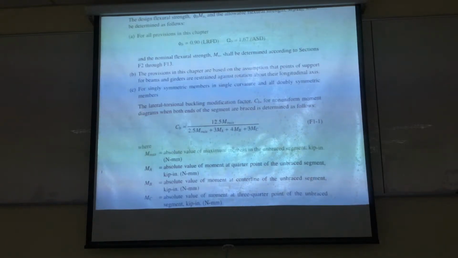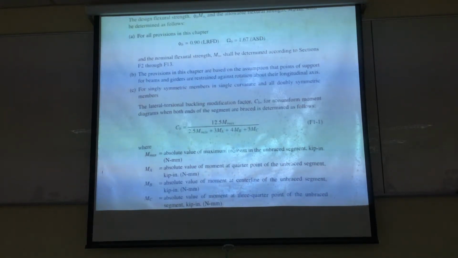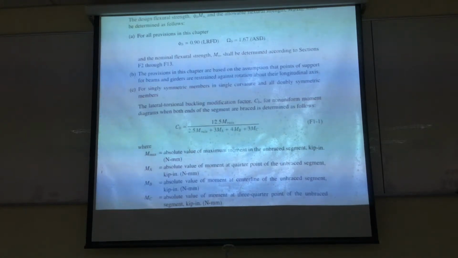Keep in mind that the derivation we made for the beam is exclusively for the case where the beam is subjected to uniform moment M. But in reality, you will not get this. It is just used for the derivation.